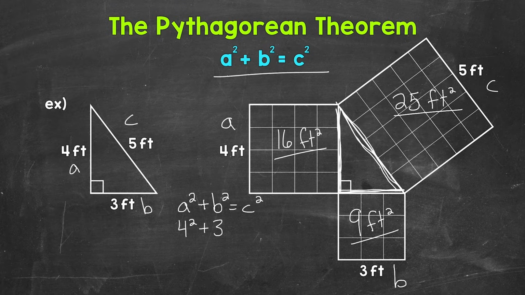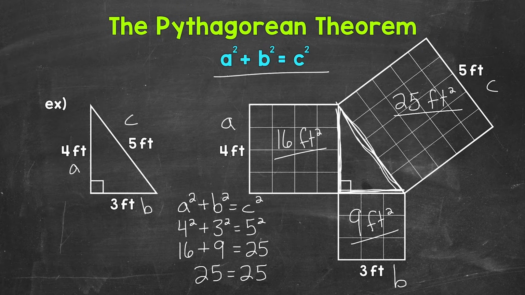B is 3 feet, so 3 squared, equals C is 5 feet, so 5 squared. 4 squared is 16, plus 3 squared is 9, equals 5 squared is 25. 16 plus 9 is 25, so 25 equals 25.